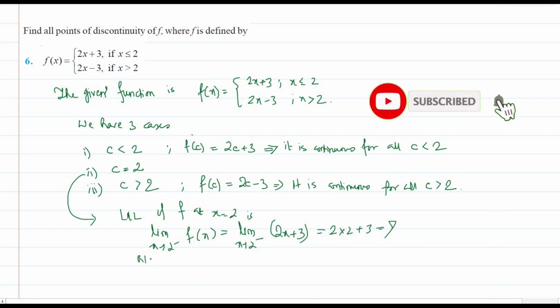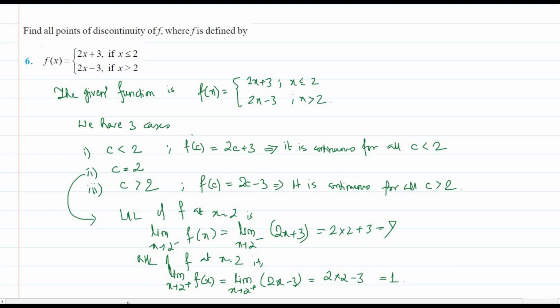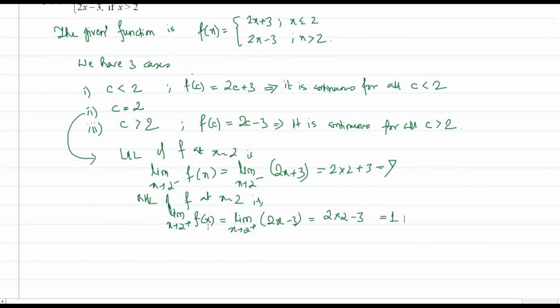The right hand limit of f at x equal to 2 is the limit of x tends to 2 plus of f of x. Now just greater than 2 we have the definition 2x minus 3, that gives us 2 into 2 minus 3, that means 1. So as you can clearly see, the LHL and RHL are different, that means the limit itself does not exist. Forget about continuity.